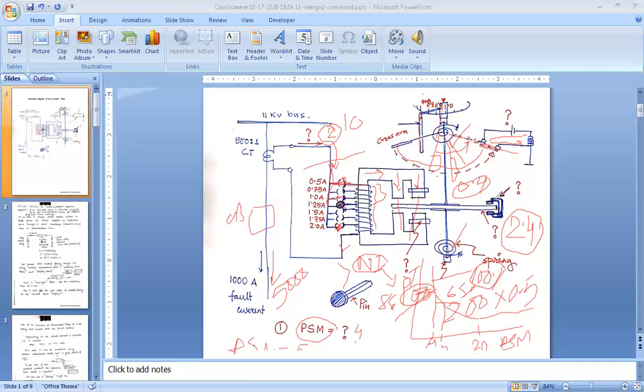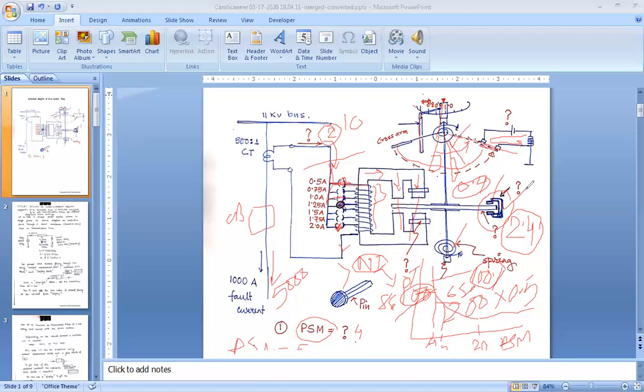And one thing here, you can see this thing. There's a magnet which is used for damping. To provide the smooth movement of this disc, this magnet is used.